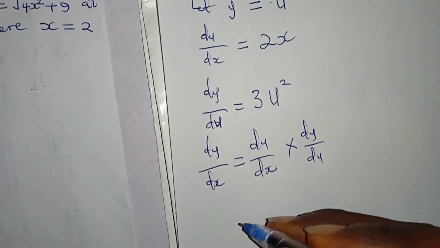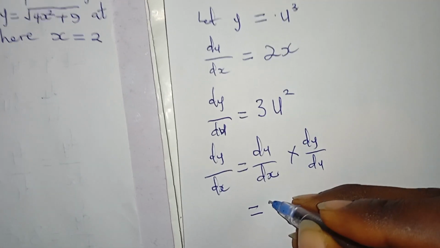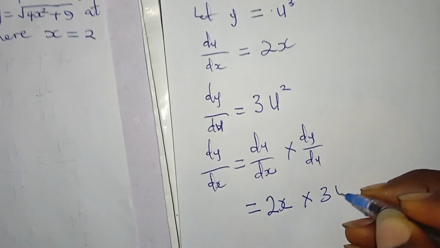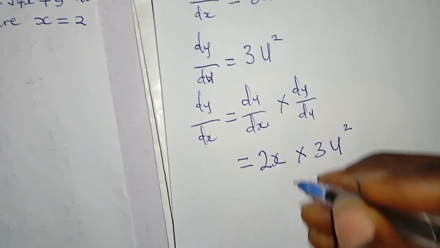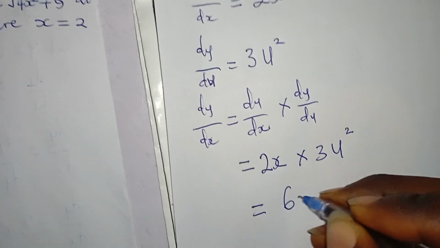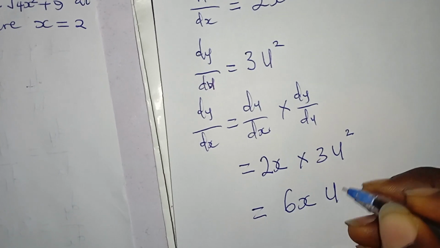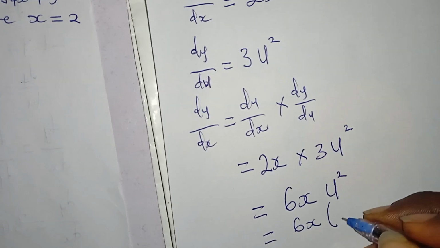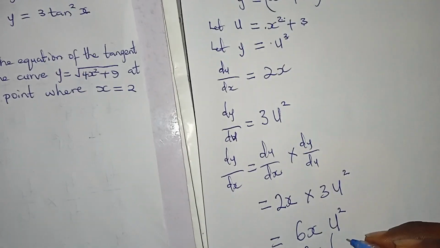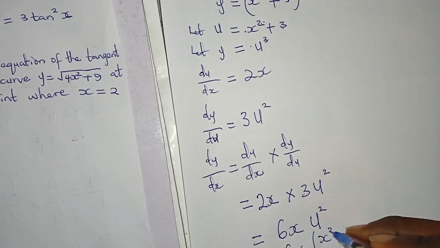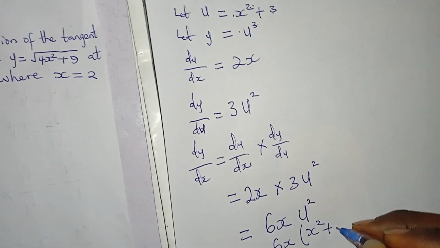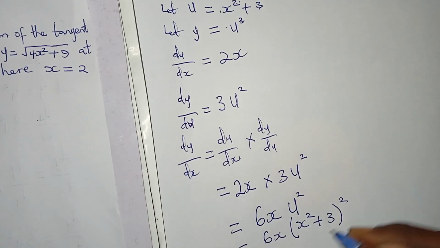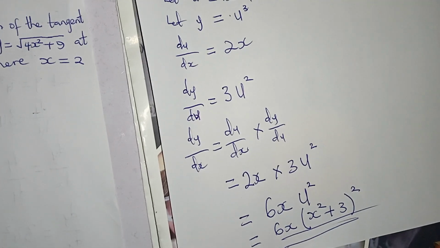If you do this, you now know that this is the same thing as 2x times 3u squared. This is now the same thing as 6x u squared. Remember that u is the same thing as x squared plus 3. So this is our final answer.